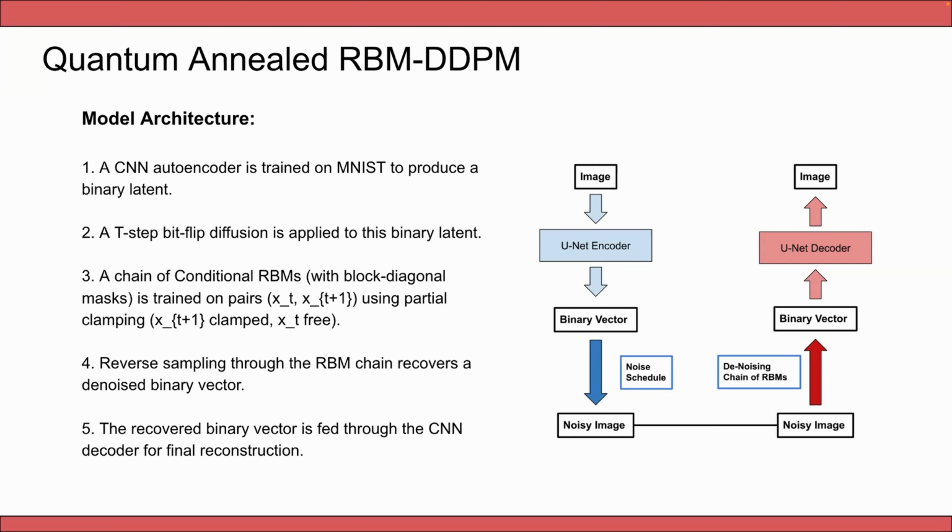Each RBM removes noise, and reverses this process until we get a binary vector that represents an actual image in our data set. And then we use our decoder to go from the binary vector to an actual image. The reason we have to make it binary is because an RBM uses binary nodes.